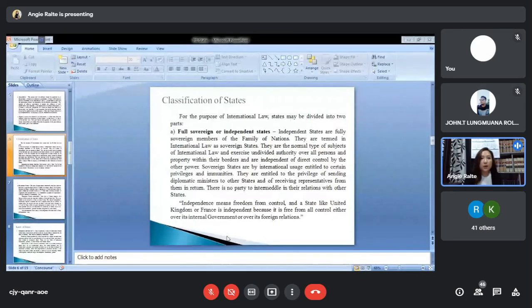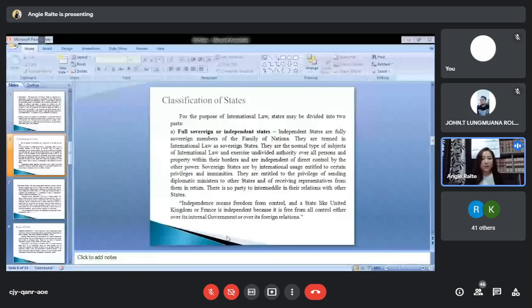They are able to look after themselves without depending on other states. Independence means freedom from control from other states, in government or in foreign relations. They are free from all those controls and they are fully sovereign states.